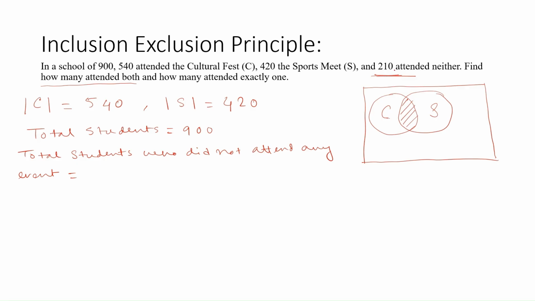If we subtract this 210 from 900, then we will get the total number of students who attended either of the events or at least one of the events. That means this region outside the two circles represents the total number of students who did not attend any event.